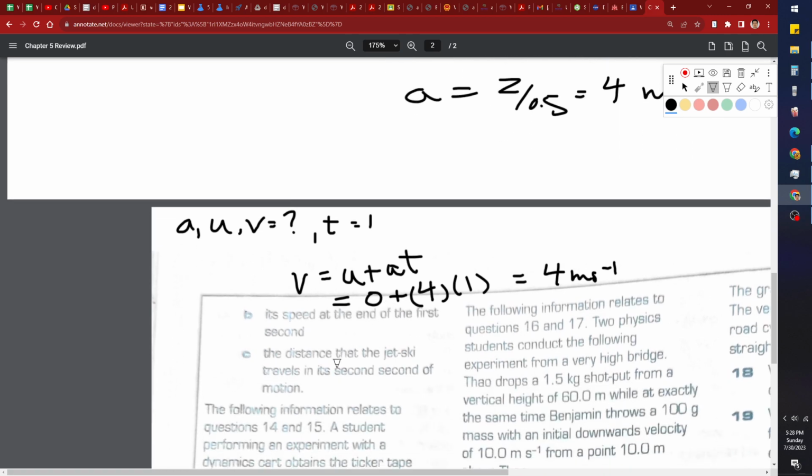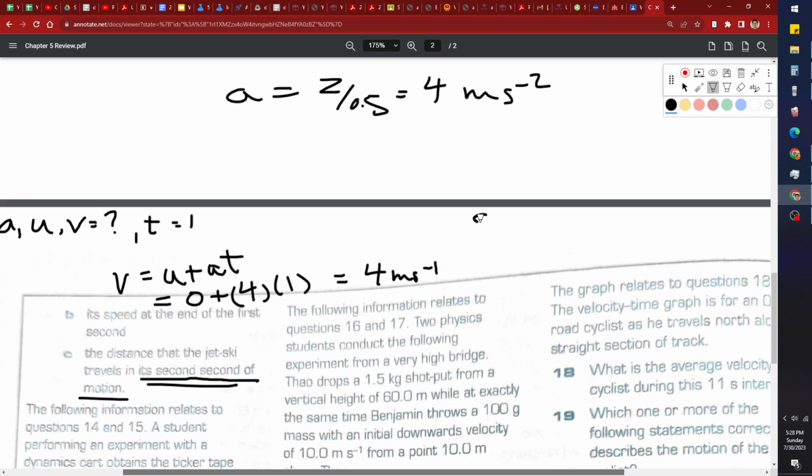That's the speed. C, the distance that the skier travels in its second second of motion. All right, so we know that A is still going to be 4. The time is going to be 1 more second, right? The second second. And we know that after the first second, see, from previous part B, at the end of the first second, we know that he was traveling at 4 meters per second.